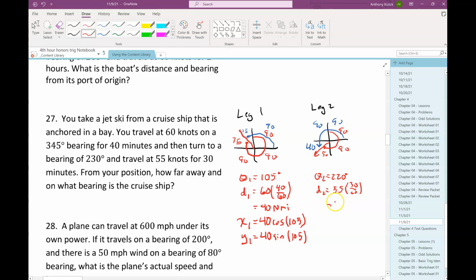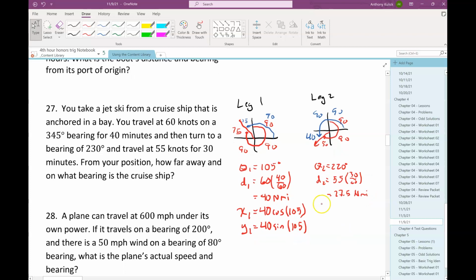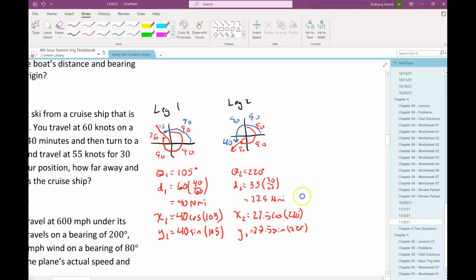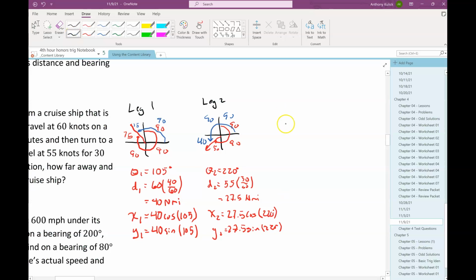So that's going to be 27.5 nautical miles. So the horizontal component is going to be that distance times cosine of my angle. And the y component is the distance times sine of that angle. So to get my final position then, I'm just going to be adding these together component-wise.